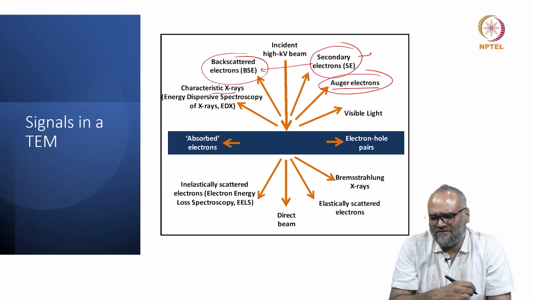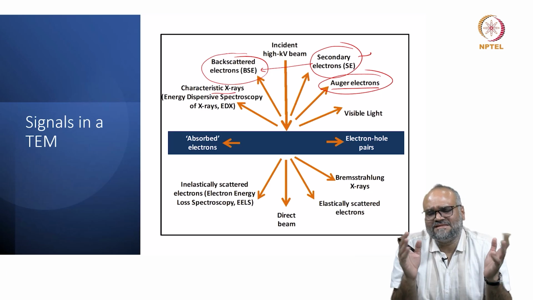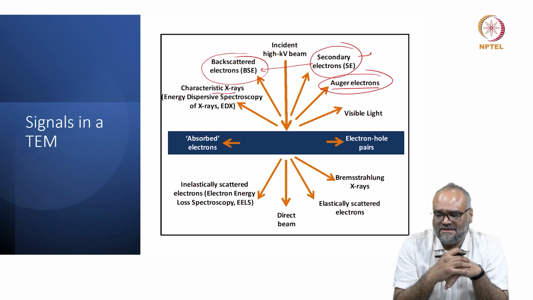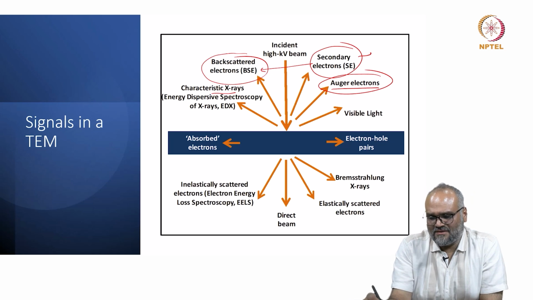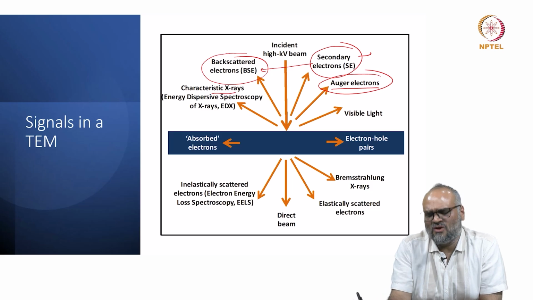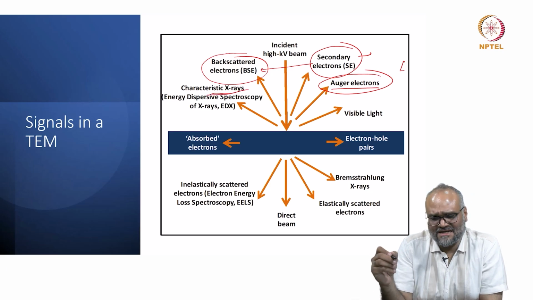For example, I have various K, L, M, N shells of, let us say, a transition metal. You may have release of electrons due to the incoming electron beam knocking out an electron from one of the shells, and if an electron transitions from the outer shell to the inner shell, as a consequence you may have the emission of a characteristic X-ray, or it is vice versa.